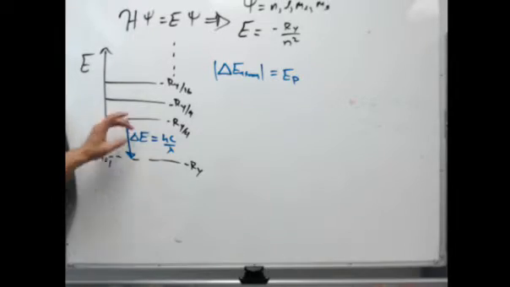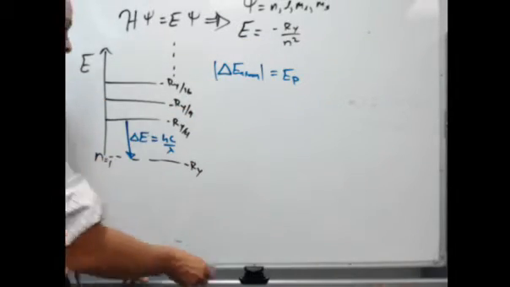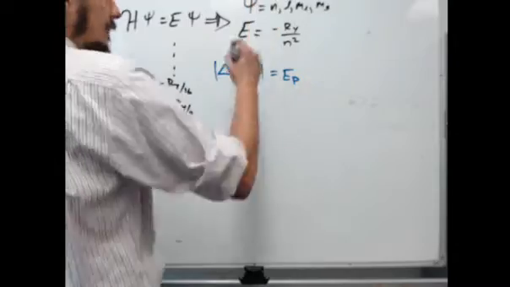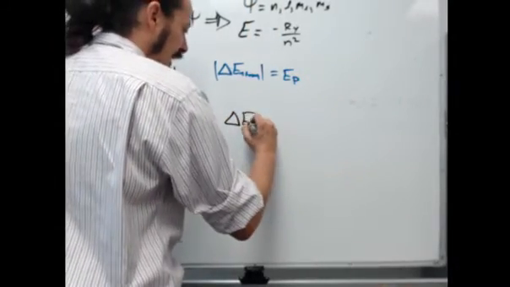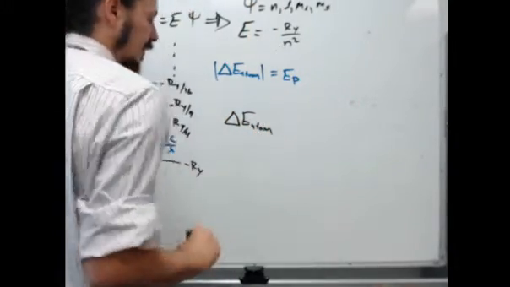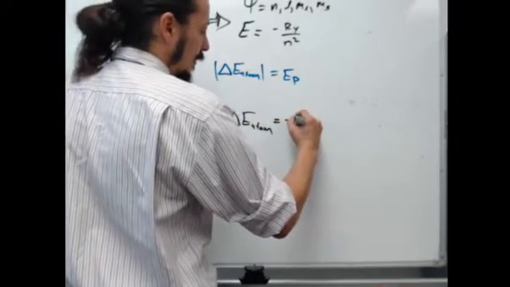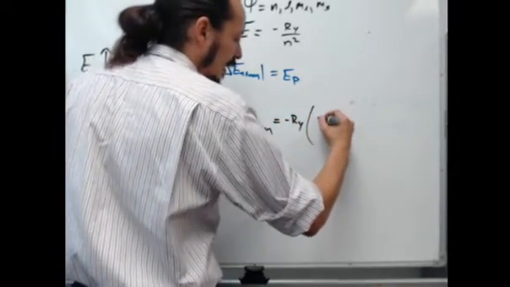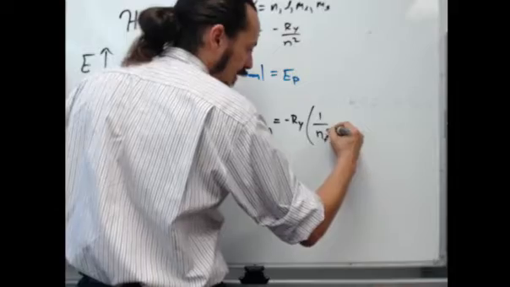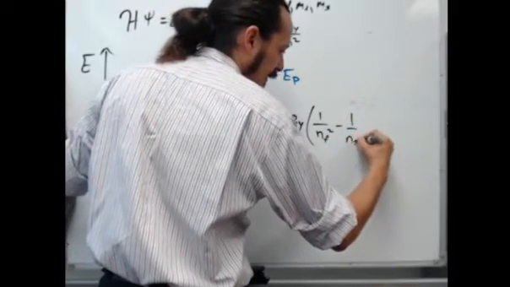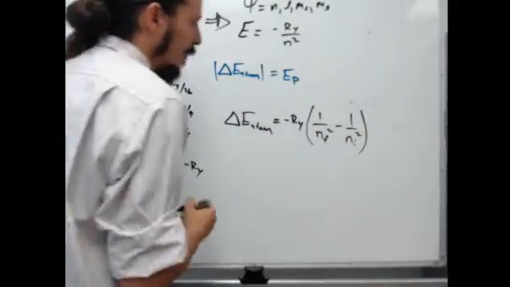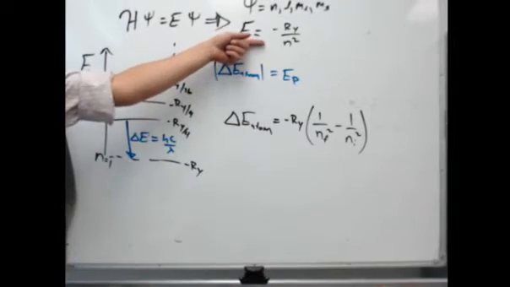If we did this generically, we could also say the change in energy of the atom is going to be equal to negative Rydberg constant times the change in energy between the two. You notice I'm just using this equation twice.